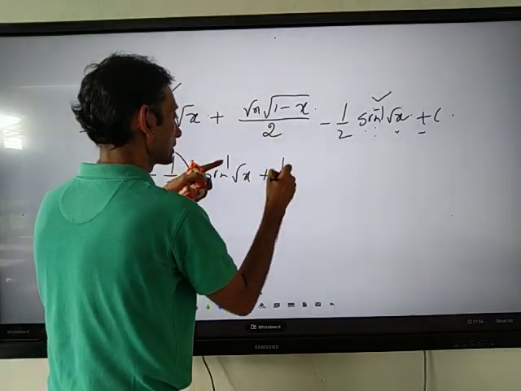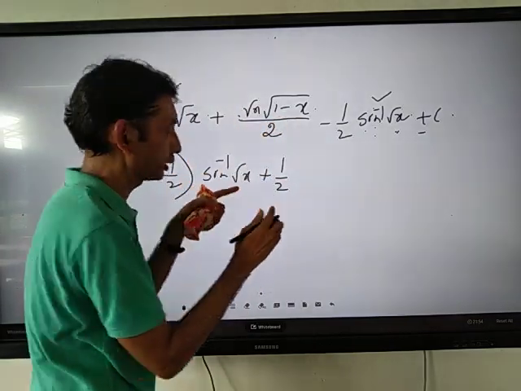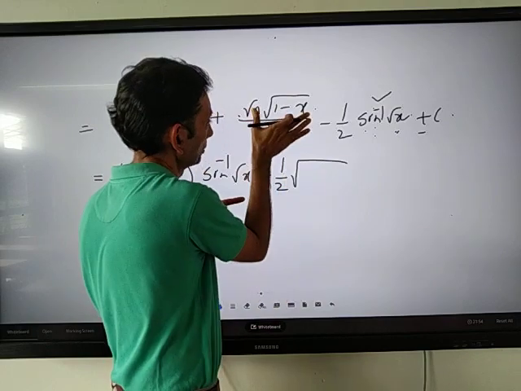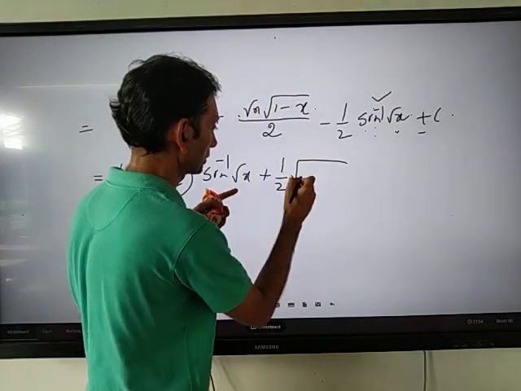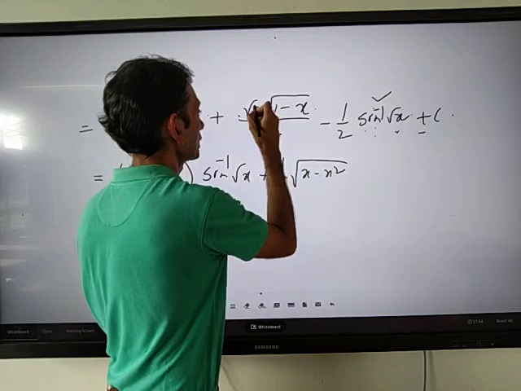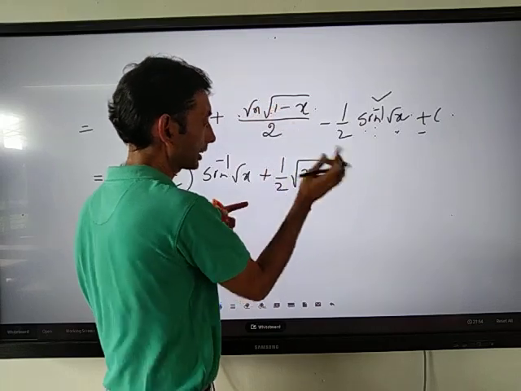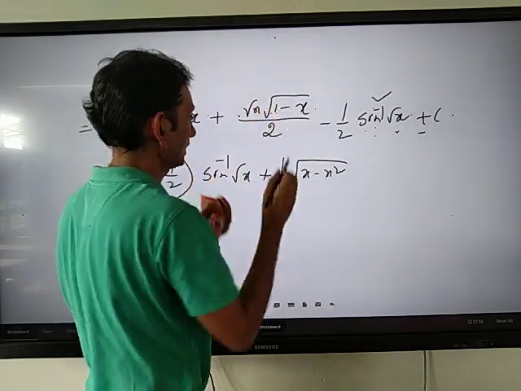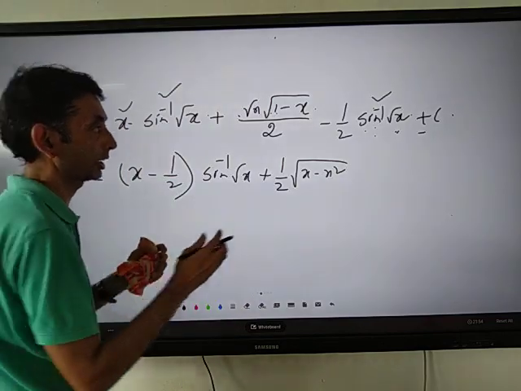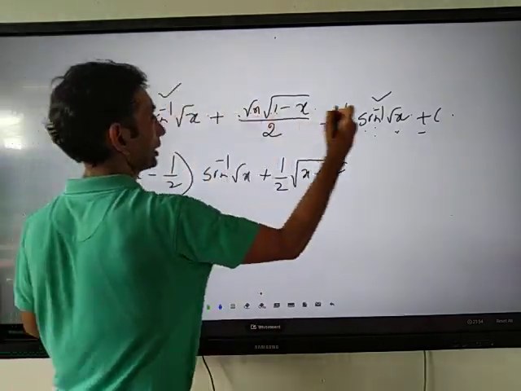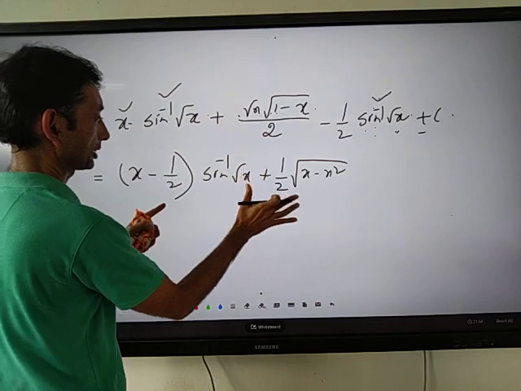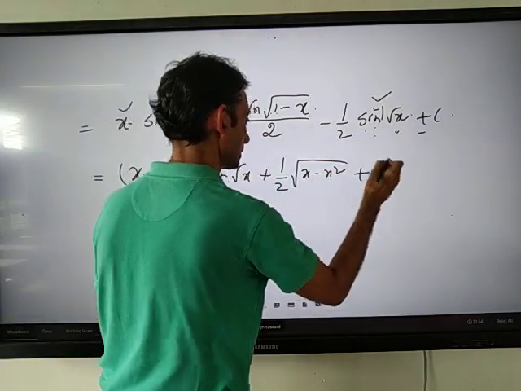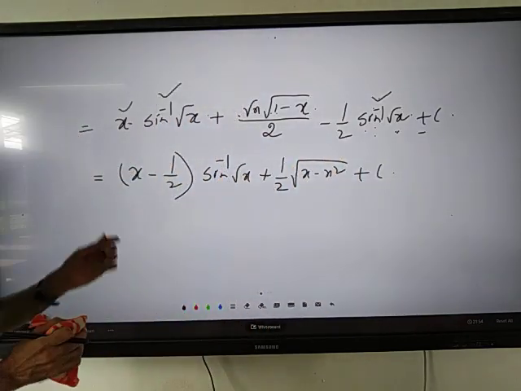And this we can write as half, and you can multiply these two terms. If we multiply root x into root 1 minus x, it will be x minus x squared, because you can take common and multiply 1 minus x and x. So x minus x squared. Okay. Already this term and this term have combined, and this term you can write and plus c.